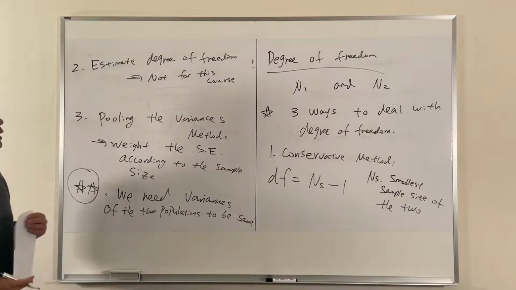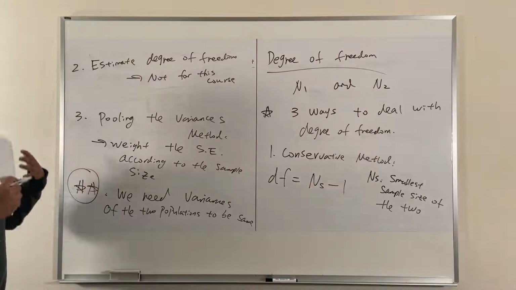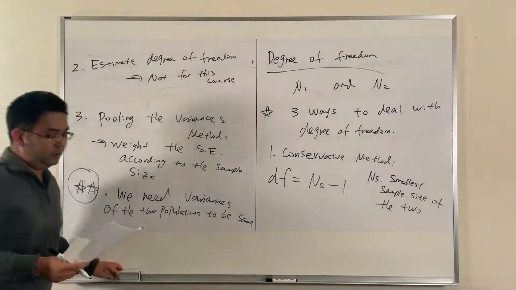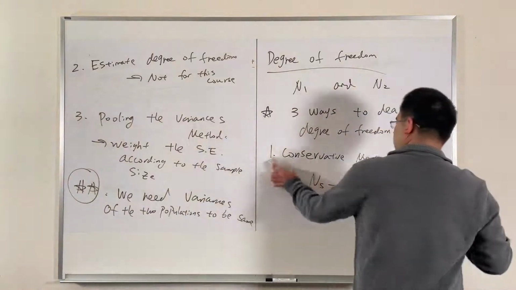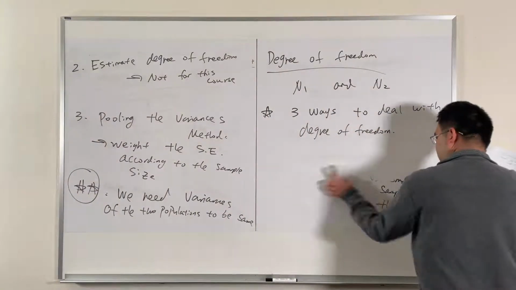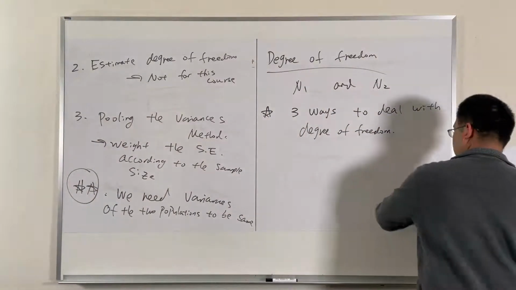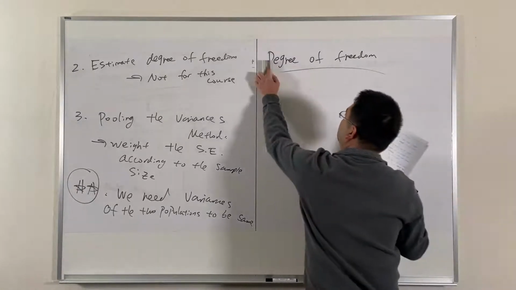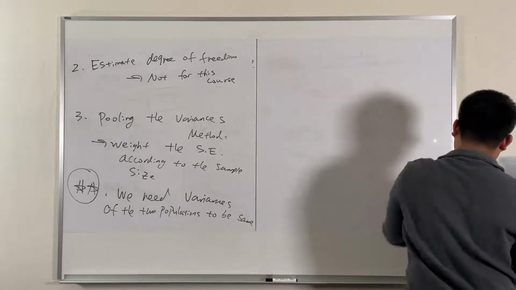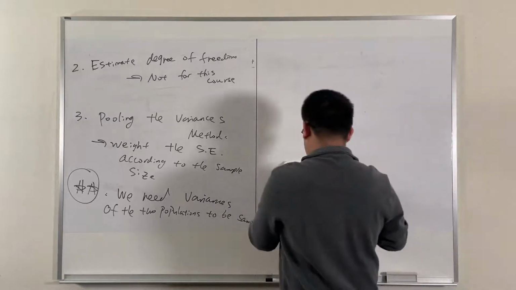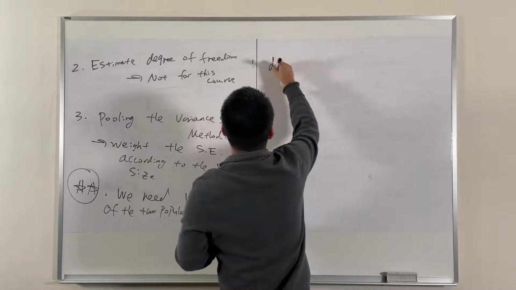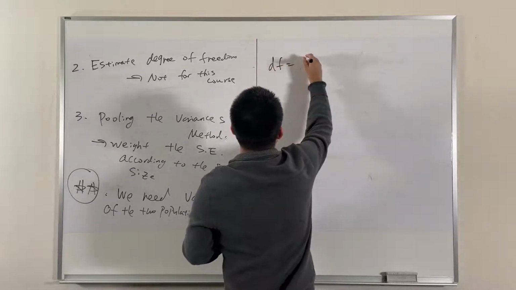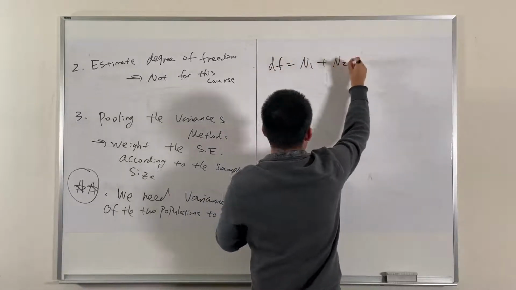If we are going to use the pooling method, then the degree of freedom equals n1 plus n2 minus 2.